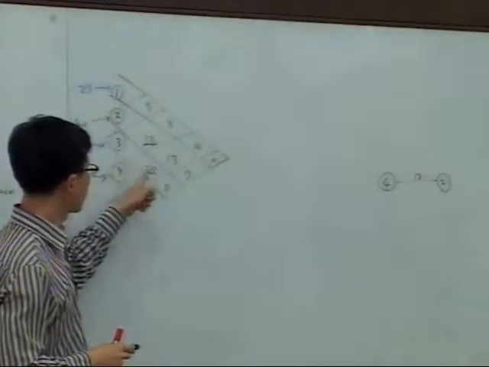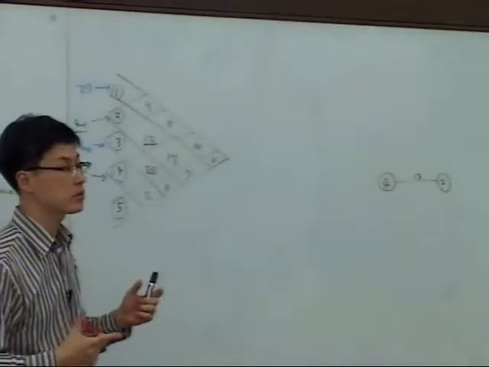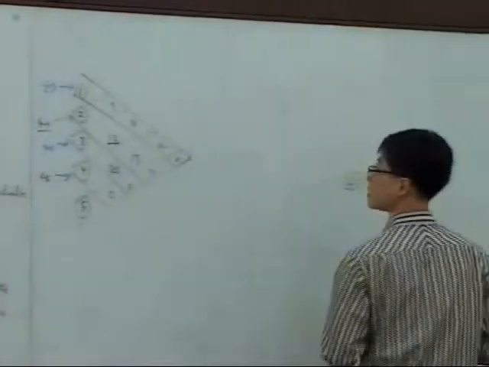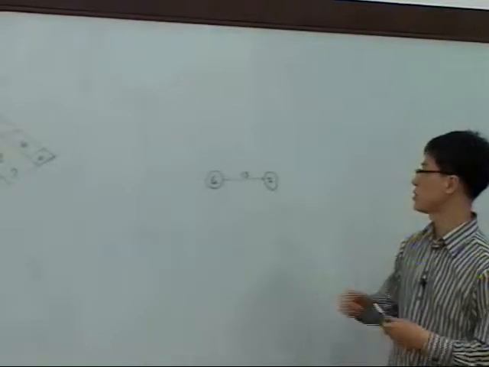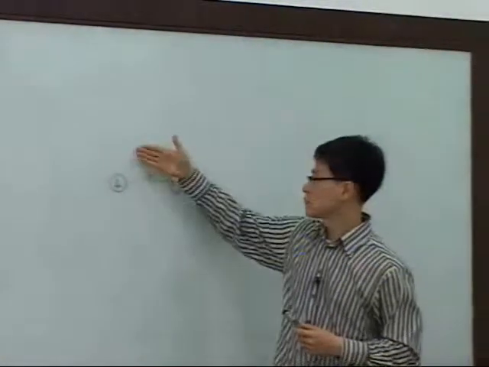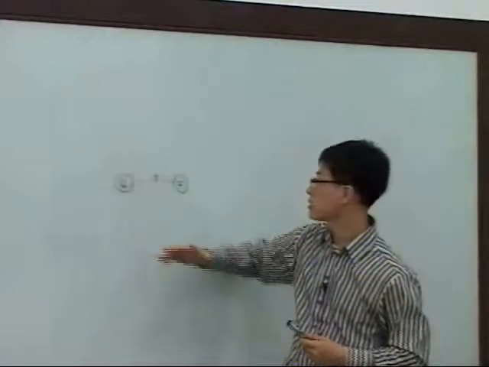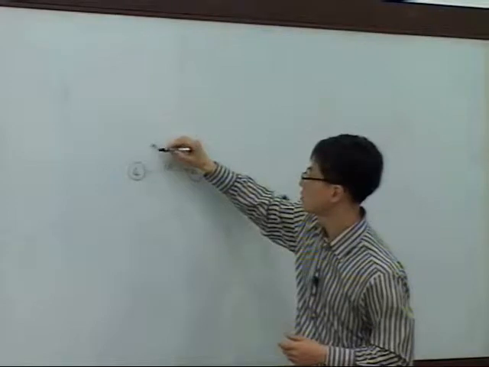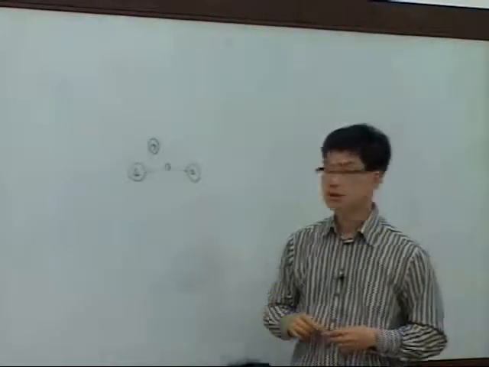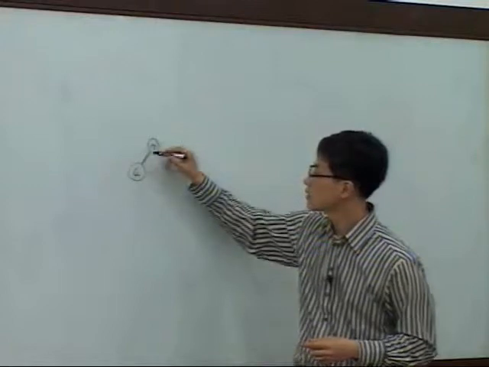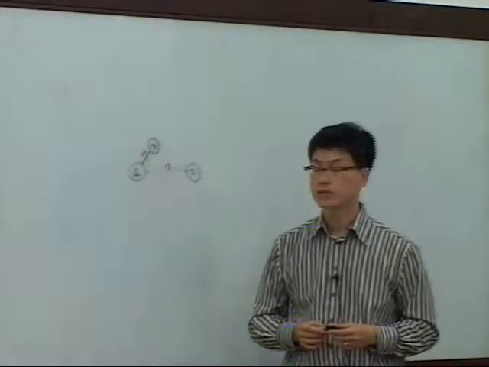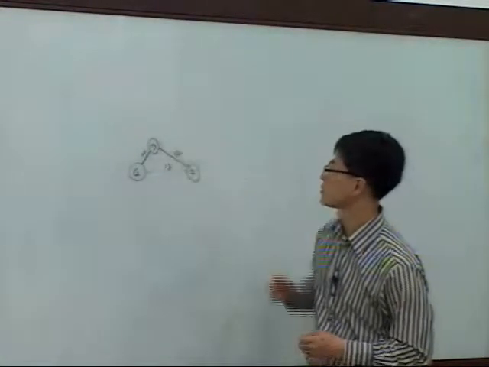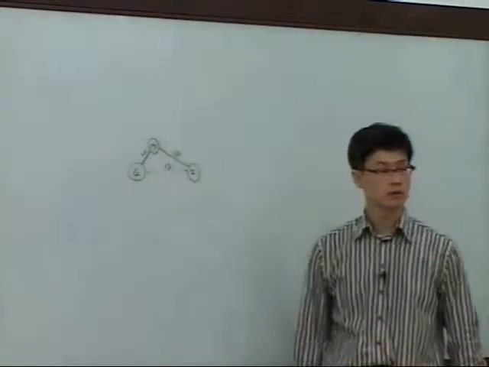With 4 it has 20, the highest number. With 2 it's 12. It's a kind of symmetric here and there, but I'd like to put department number 3 somewhere around here because it has weight of 20 and weight of 12, right?